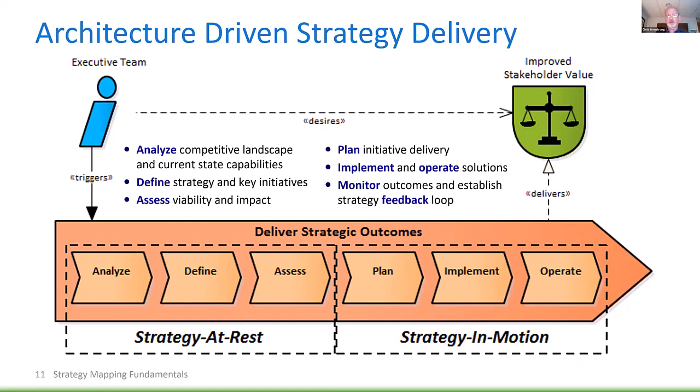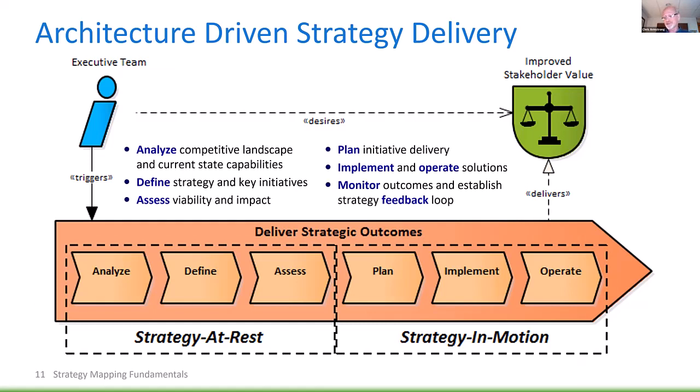And it's composed of 6 different what are called value stream stages. There's 3 on the left that are what I consider to be kind of strategy at rest, which is what we're going to mostly be talking about today, a little bit into the next one. But the idea is that when we're trying to analyze the current situation to really inform what should our strategy be, we define our strategy. And of course, we'll be talking about that.